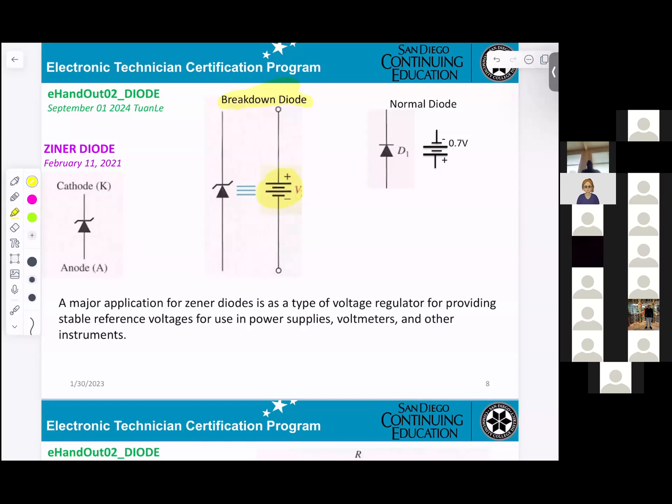That means the diode's Zener voltage. I can give you an example. When you go to the electronics store, you want to buy a Zener diode. Then they are asking you what voltage you want. That's what they're talking about, VZ. You say 5 volt. Okay? Then they can sell it to you.